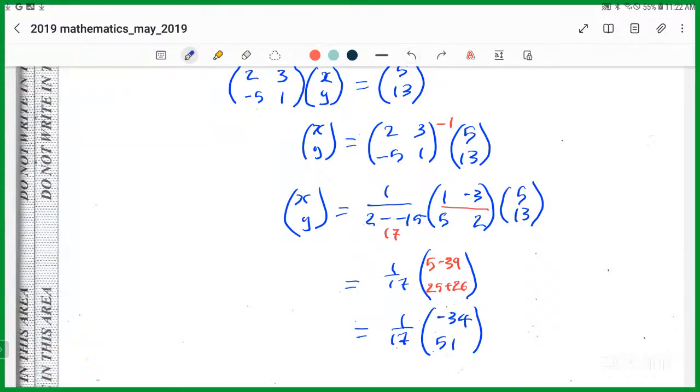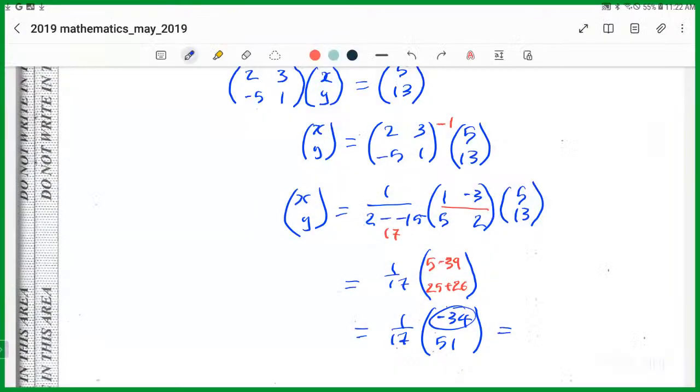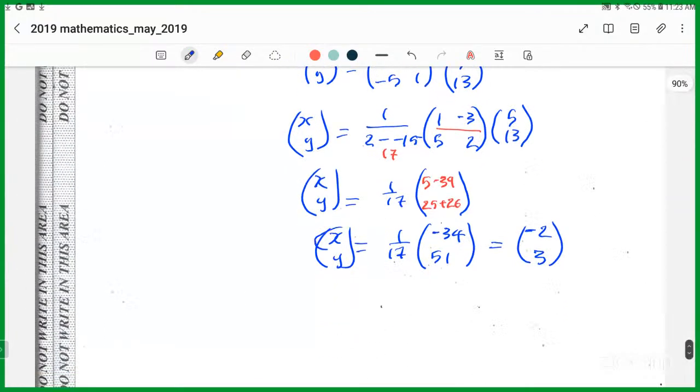So when you divide each of them by the 17, -34 divided by 17 is -2, and 51 divided by 17 is 3. So it's xy that is equal to that. It means then that x is equal to -2 and y is equal to 3. So that is the answer right there.